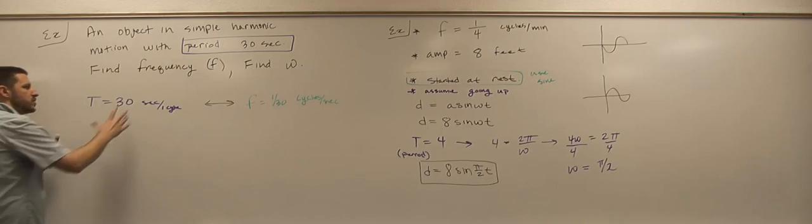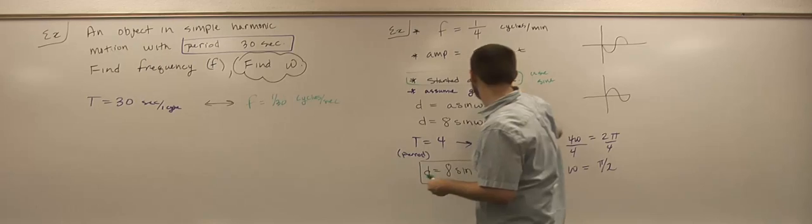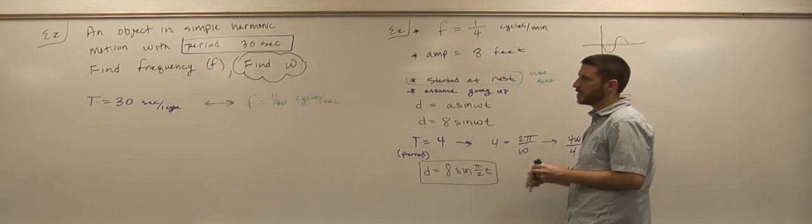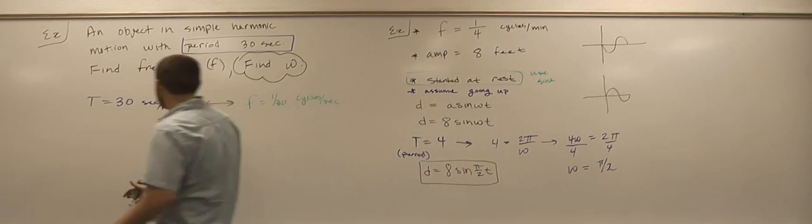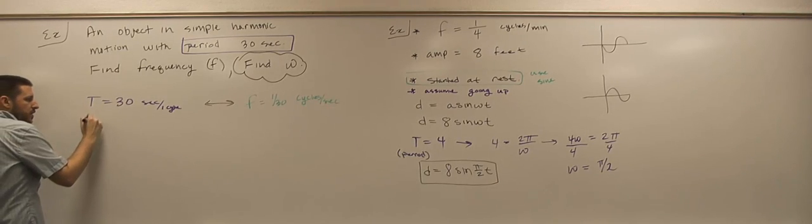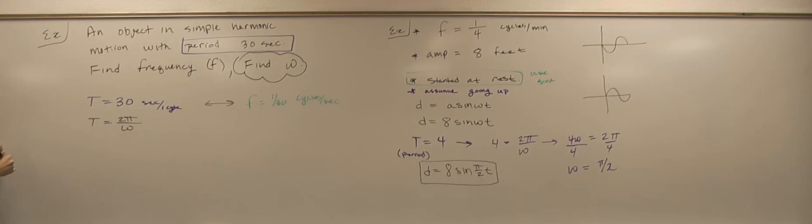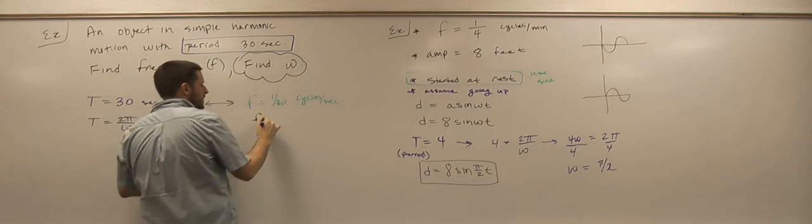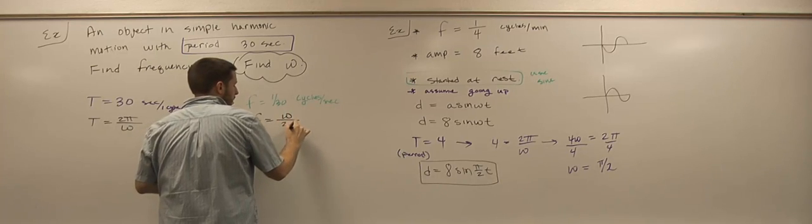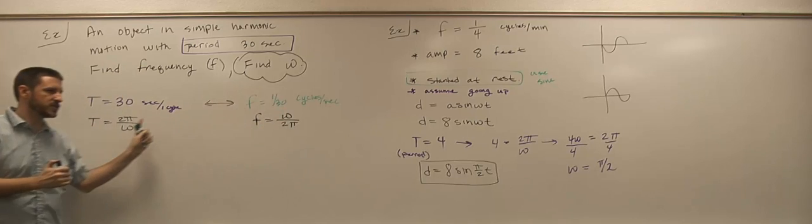Then, to get to omega, which is what we actually need in our formula, right? Omega is the guy we're always going to need in our formula. You can use one of 2 formulas. You can either do the period is equal to 2 pi over omega, or you can do the frequency is equal to omega over 2 pi. Notice the difference between these 2 formulas is just I flipped it.